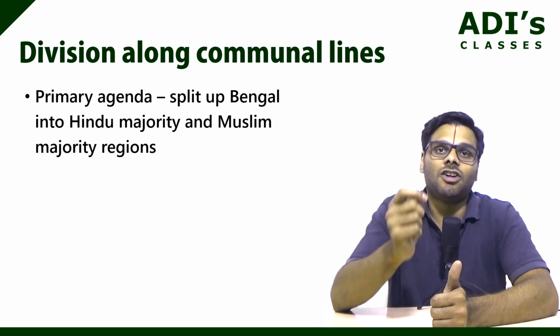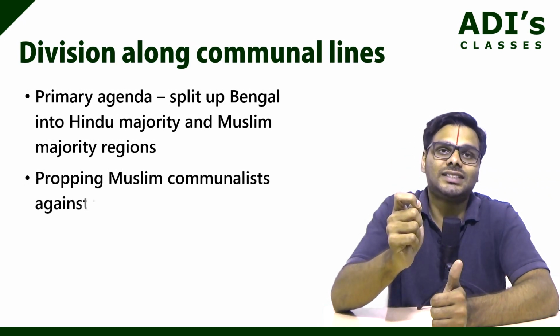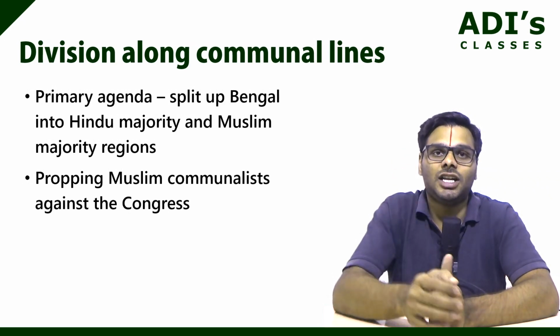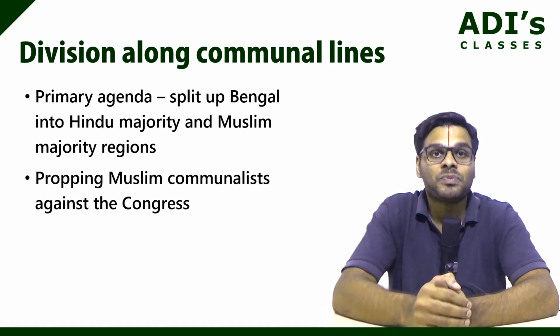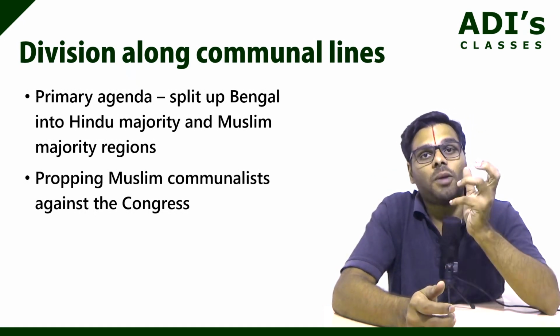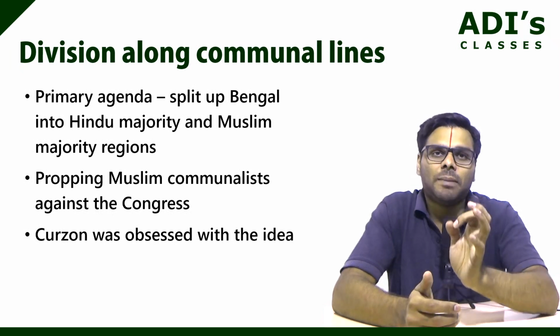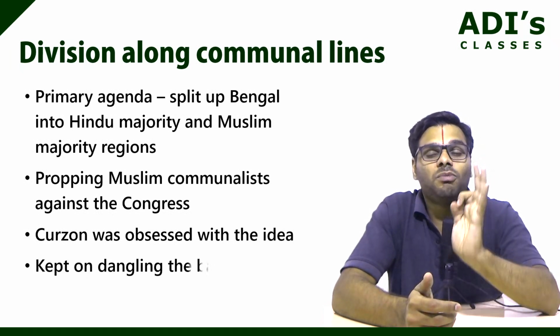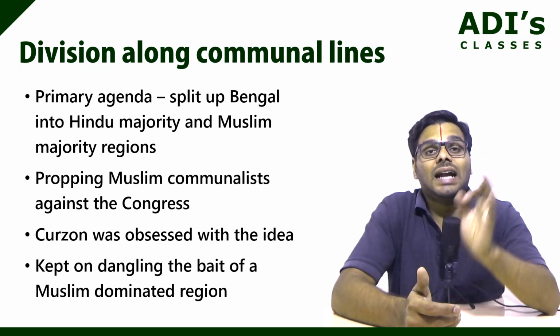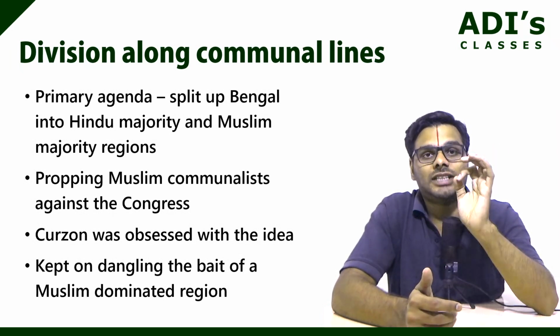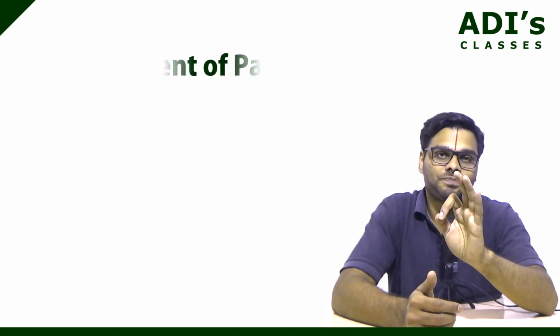The policy of propping Muslim communalists against the Congress and the national movement achieved crystallization with this partition. Curzon especially was obsessed with this idea. He kept on dangling the bait of a Muslim dominated region to the Muslim leaders. And the communal Muslim leaders jumped at it without much thought.